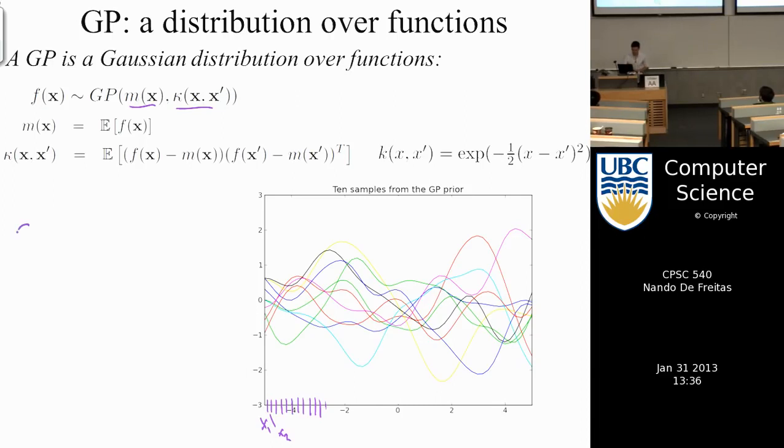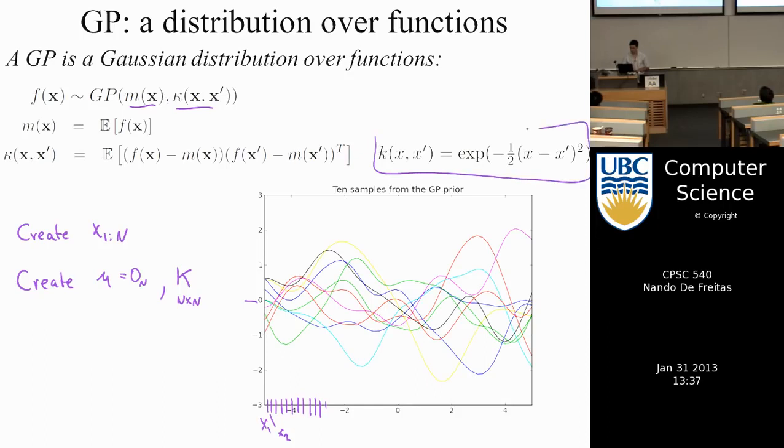So I create x1 to n. From x1 to n, I create mu. In this case, I've chosen mu to be the zero vector, with n entries. And I create a matrix K, which is n by n, which I create using this formula, so that two points that are close by are most similar, and two points that are far apart are less similar.